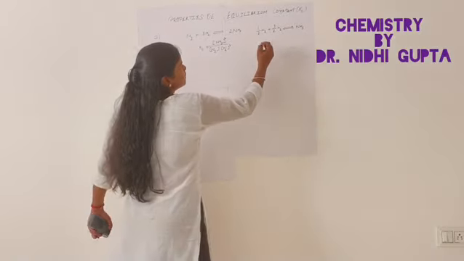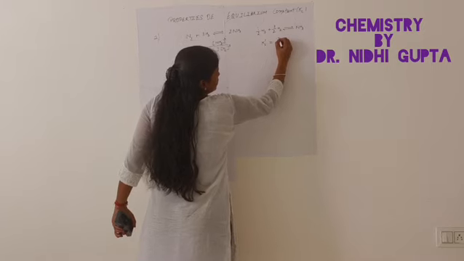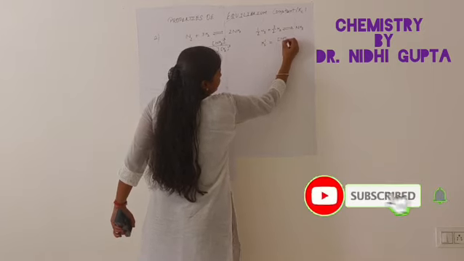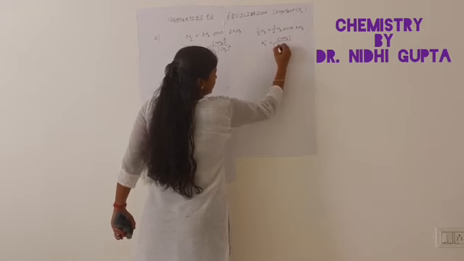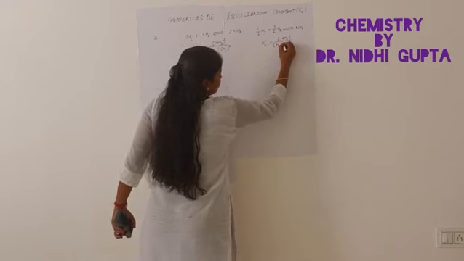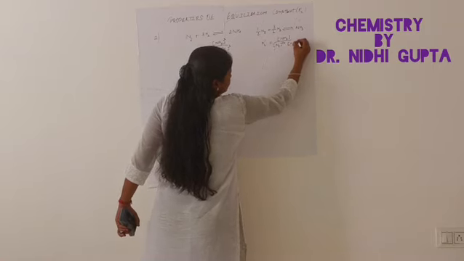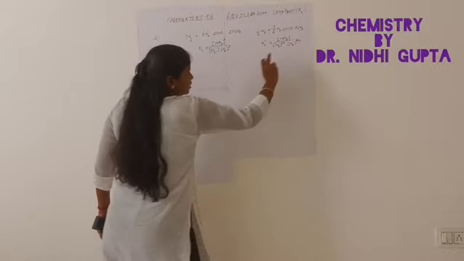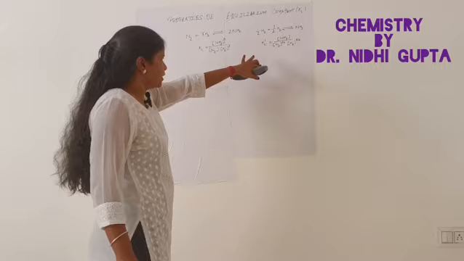So the Kc value for this, let's say Kc dash, will be NH3 to the power 1, N2 to the power 1 by 2, because their coefficient is 1 by 2, and H2 to the power 3 by 2. Okay, so these are the equilibrium constants for the corresponding reactions.